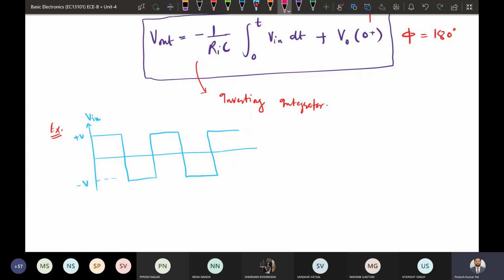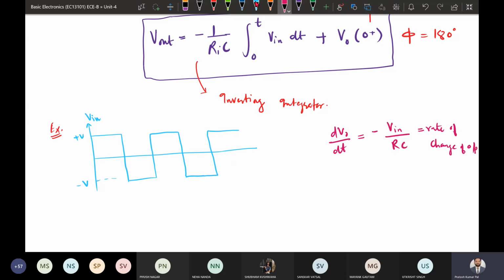Okay, so for the integration of the input, dV out by dt will be minus whatever the input voltage is divided by RC. If we do the analysis here, this is nothing but the rate of change of output.